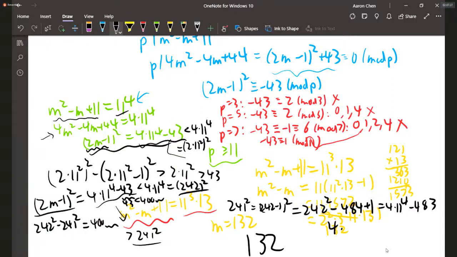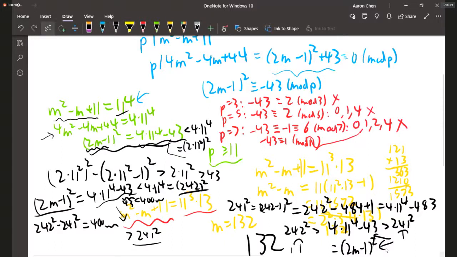So we have that 4 times 11 to the 4th minus 43, which we said was equal to (2m minus 1) squared, is between 241 squared and 242 squared, both with strict inequalities. But this was supposed to be a perfect square, yet it's confined between two perfect squares. Okay, that makes sense.